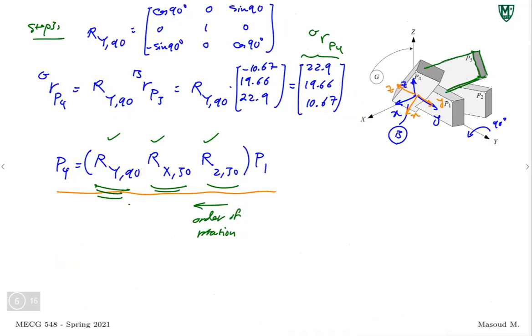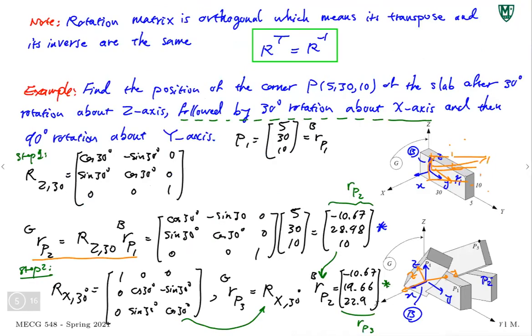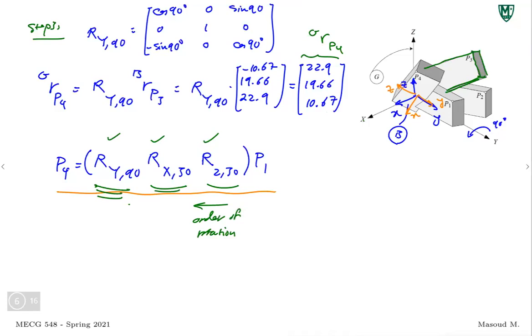So let me write it. If you trace your steps, I usually write the solutions. I apparently switched from black to blue for some reason there; all this should be black. So you can think about RP4 is equal to RY 90 degrees, RP3.